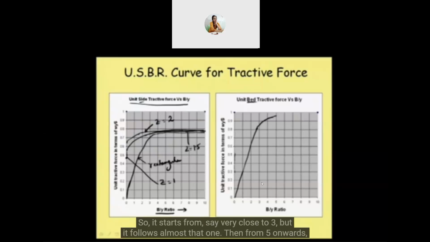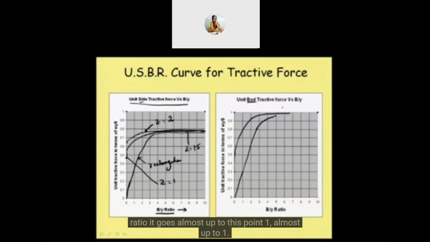Then from 5 onward, it leaves this axis and goes like that. And for higher values, it will be passing more steeply like this. And for higher values of b by y ratio, it goes almost up to this point, 1.